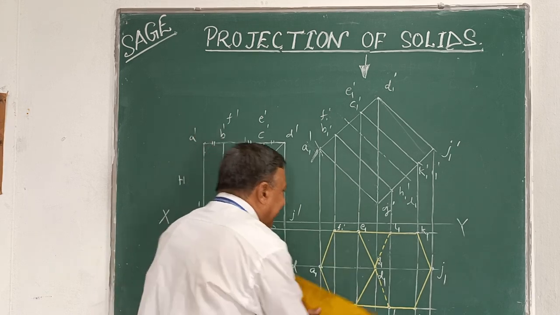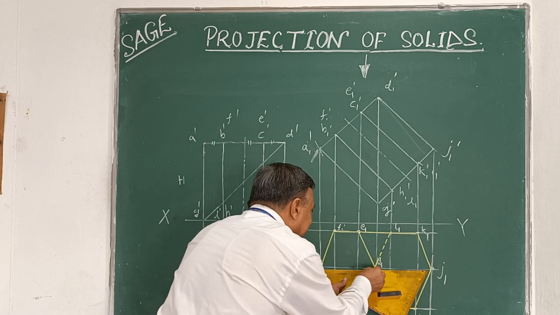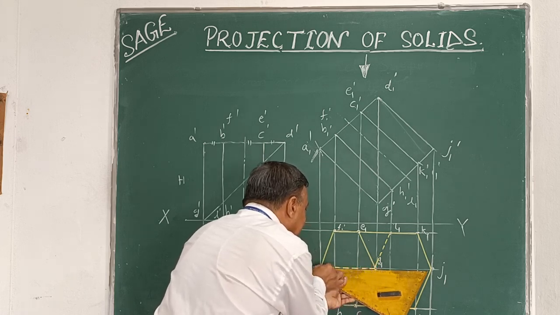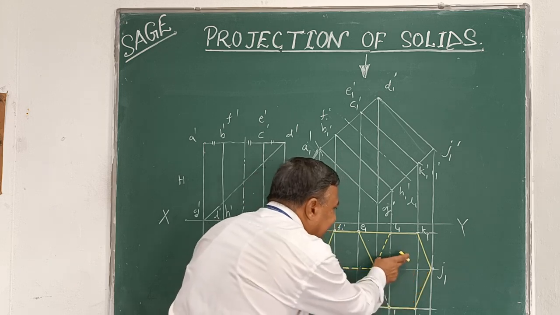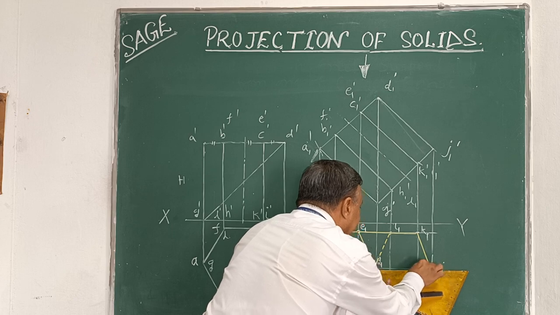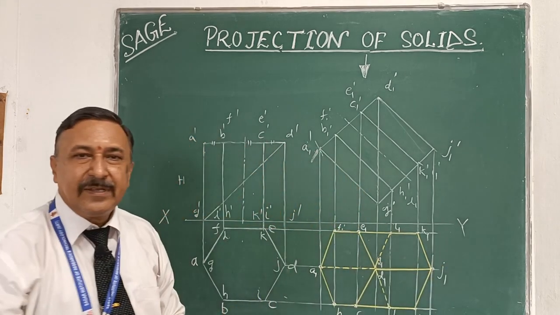Now how we draw? See, this is the base hidden, so we have to draw it, this is the base completely visible, so we have to draw here a hidden line, and this is a base hidden, so we have to draw here a complete line. Continue. Okay.